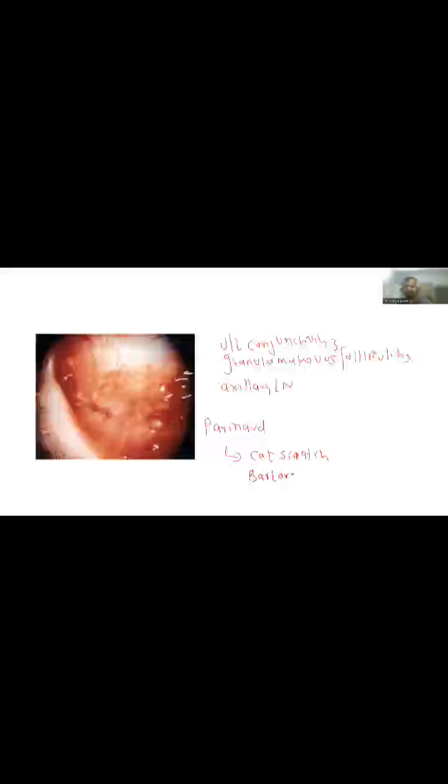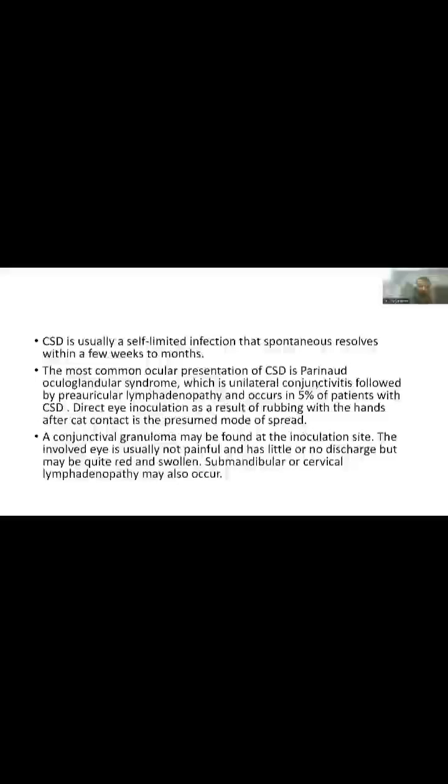So Bartonella henselae is the most common cause of Parinaud syndrome, though Parinaud may occur in association with tularemia, sporotrichosis, tuberculosis, syphilis, everything, but the most common cause is cat scratch disease. Cat scratch disease is a self-limiting infection, and it is associated with Parinaud's oculoglandular syndrome, where there is unilateral conjunctivitis and lymphadenopathy might be seen.